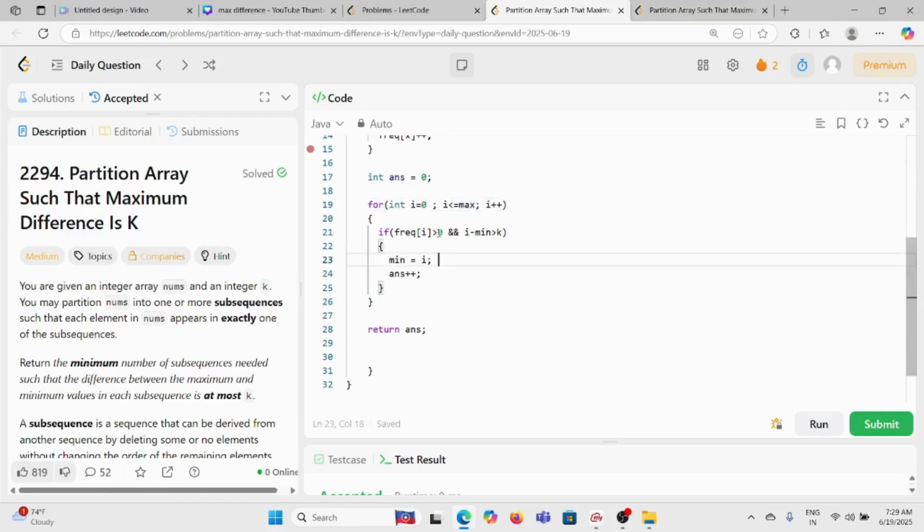Now see here, if frequency[i] is greater than 0, that means it appeared, and because we are going from left to right, it is considered sorted, as we are starting from 0, 1, 2, 3 like that. And if the difference i minus min is greater than k, at that time this would be a changing point.